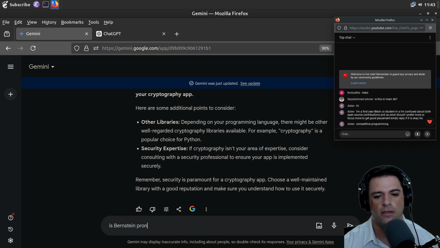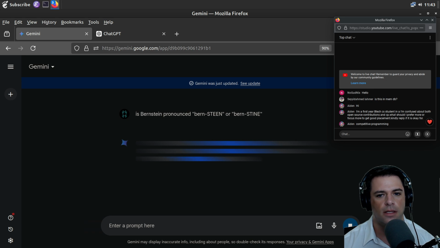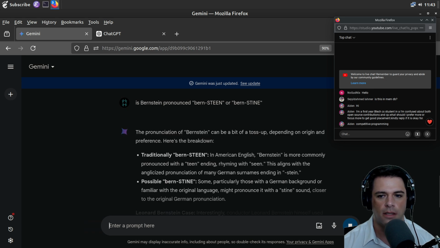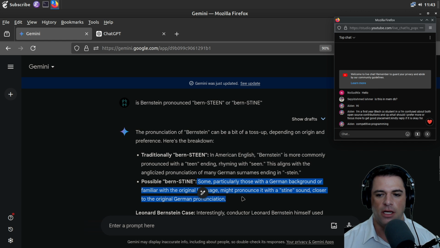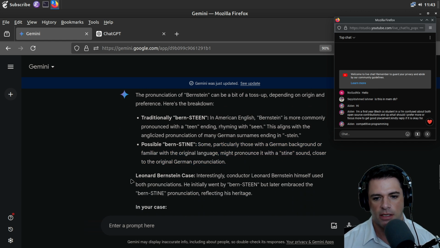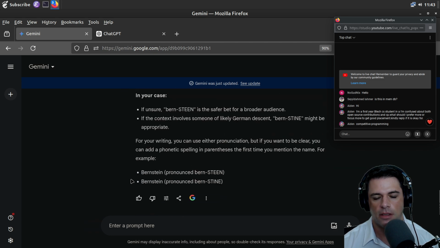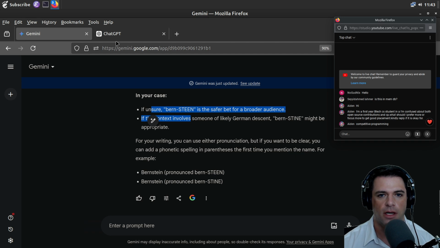Is this pronounced Bernstein or Bernstein? A bit of a toss-up. Traditionally, Bernstein. Some, particularly those with a German background or familiar with the original language, might pronounce it Stein. If unsure, use Bernstein. Okay, I don't know.